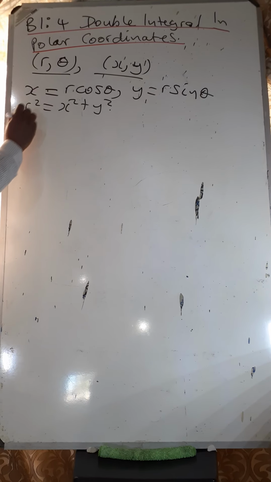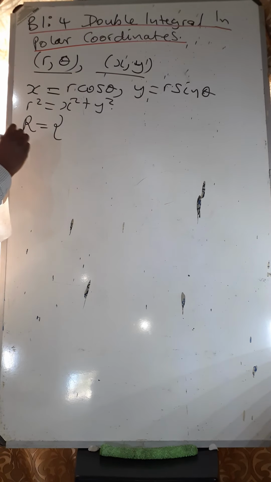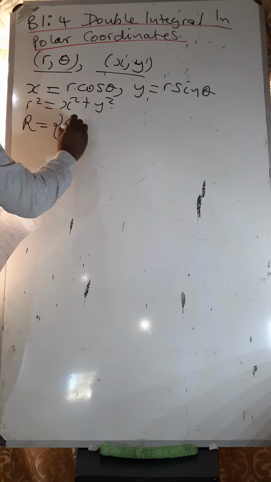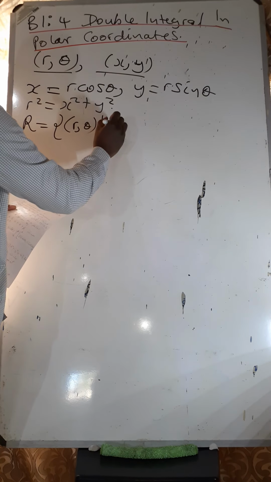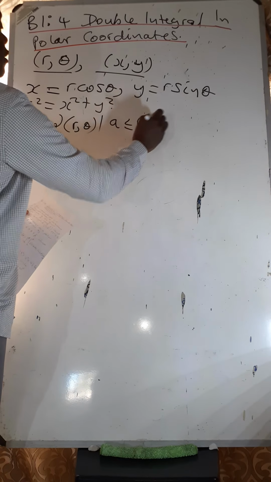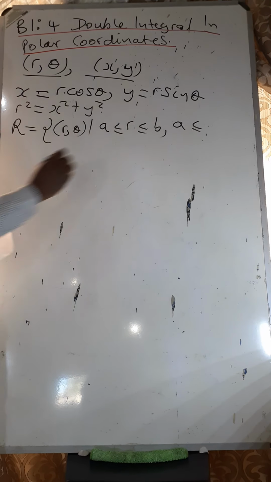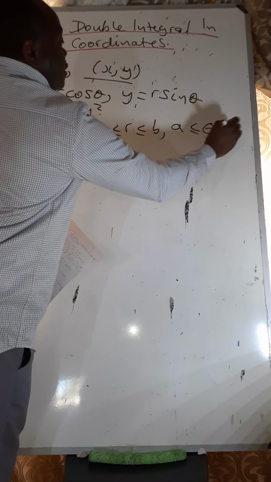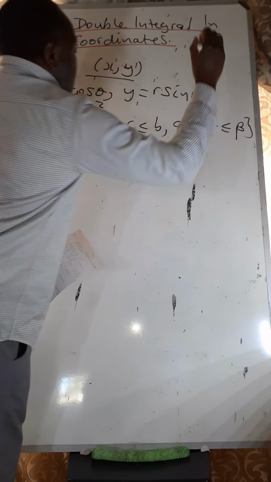And the rectangular region now in polar becomes the coordinates r theta such that a is less than r is less than b, and alpha is less than theta is less than beta.